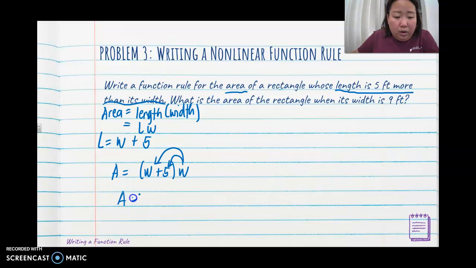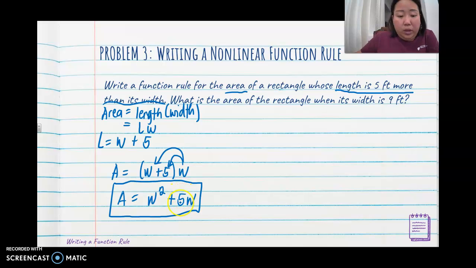So our area will now become W times W, which is W squared, plus 5 times W, which is 5W. So this is the rule that we can follow to find the area of a rectangle whose length is 5 feet more than the width, okay?